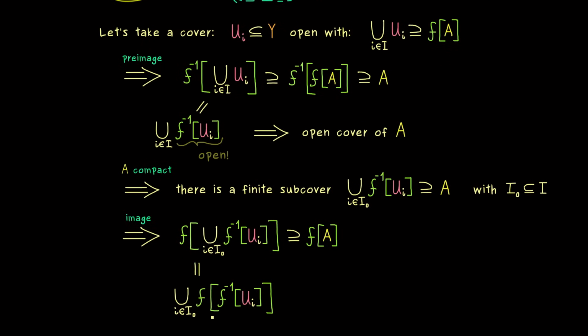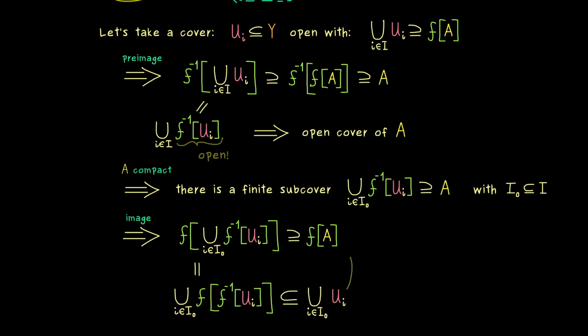And now what remains inside is a combination of image and pre-image, and there we already know they don't cancel completely. However, as we have proven before, it's definitely always a subset of the original set inside. So what we get here as a result is the finite union of the sets U_i. And moreover, they still cover the whole image f of A.